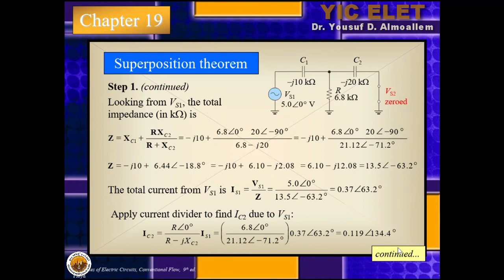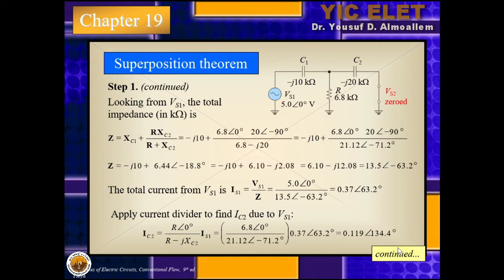This is one alternative, and the other alternative is explained over here, where I use the R in the top and the total in the bottom, times IS1, and the results will be exactly the same if you use any one of them.